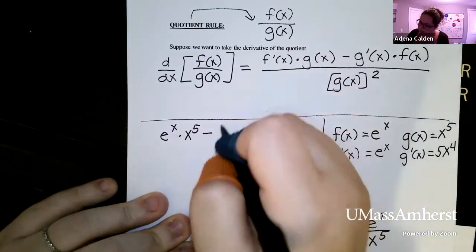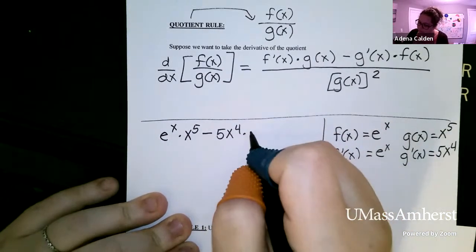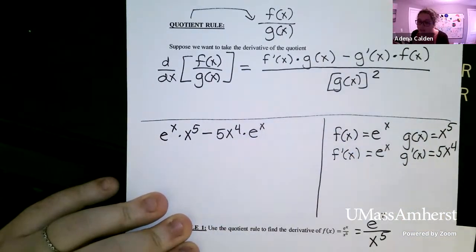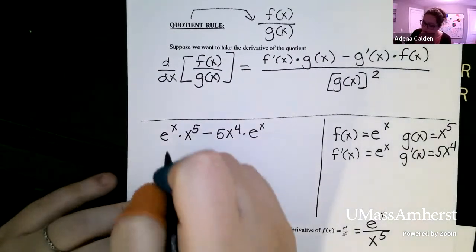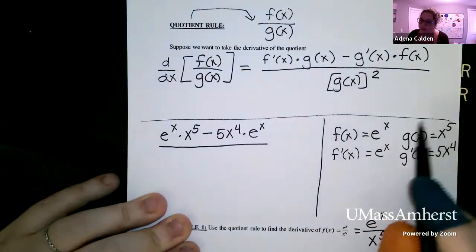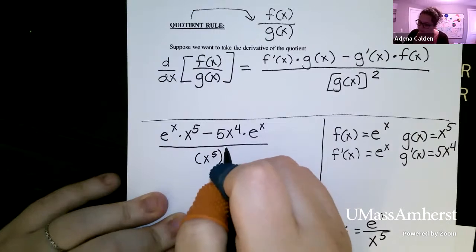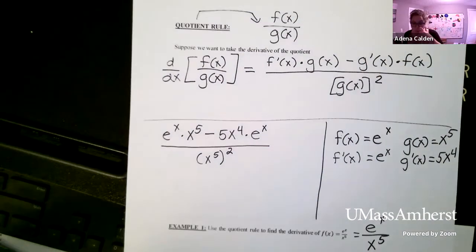So g prime 5x to the fourth times f of x, which is e to the x. So that's my numerator. And I have to divide that by g squared. So my g here is x to the fifth, and that term needs to be squared.